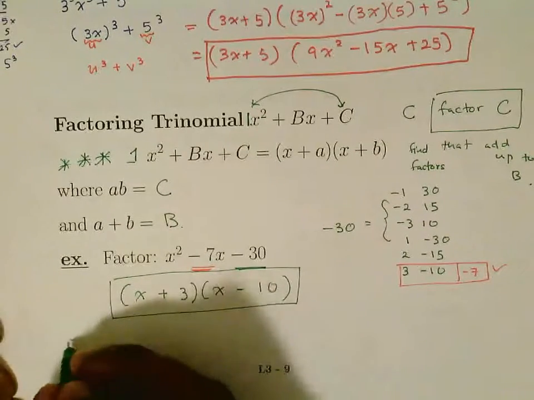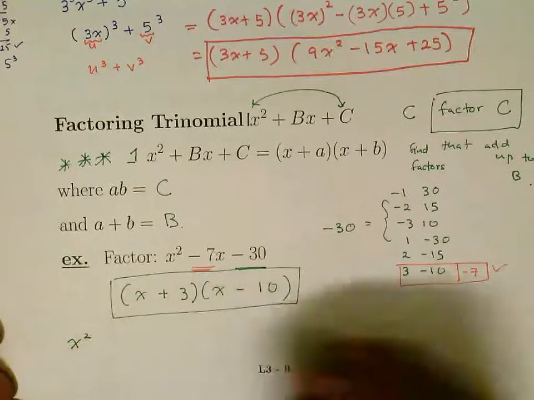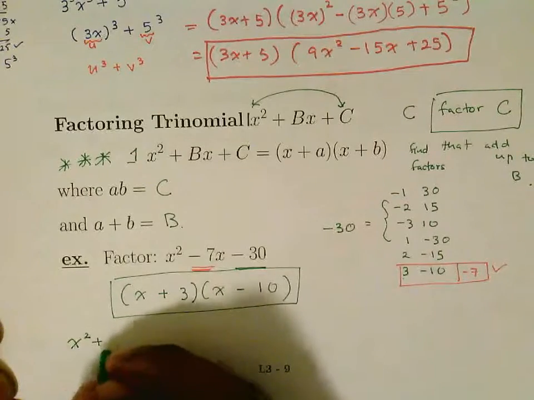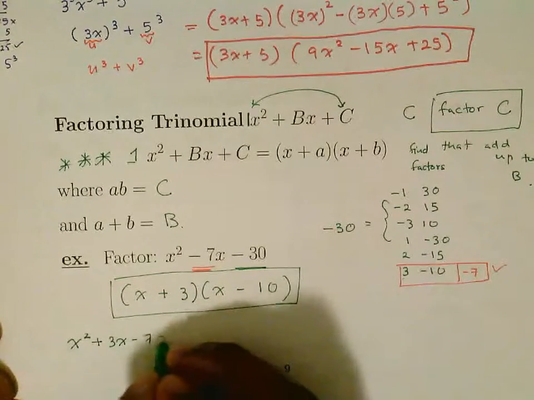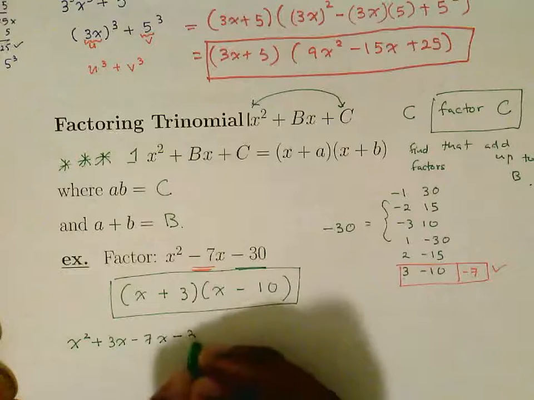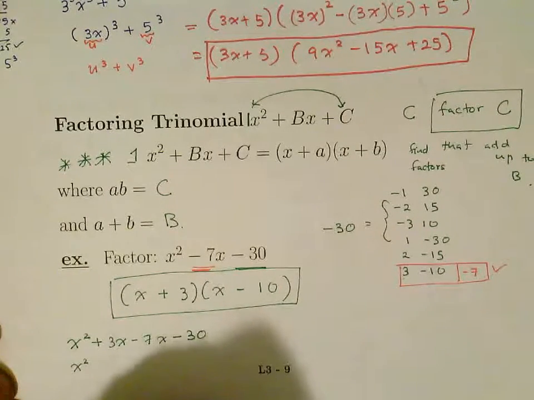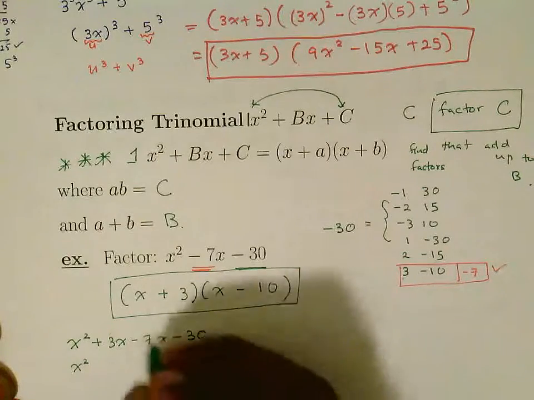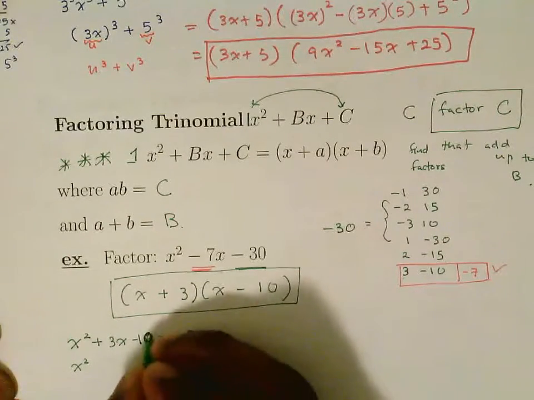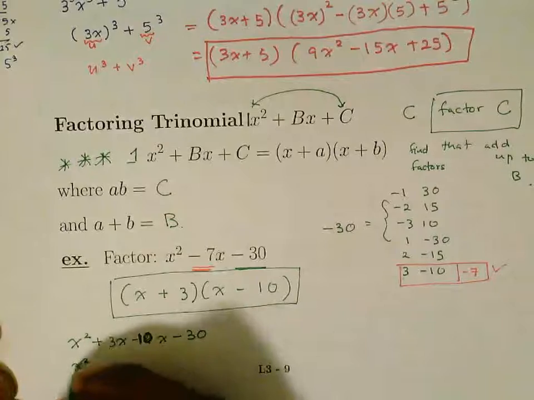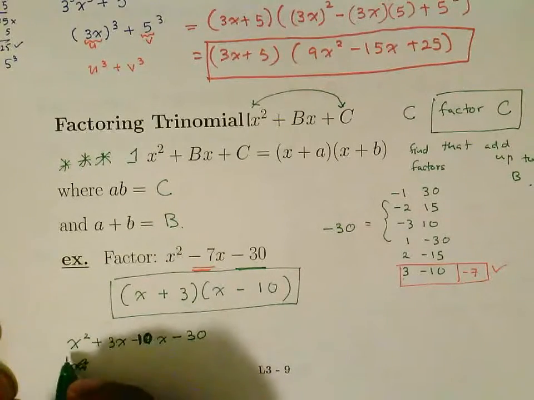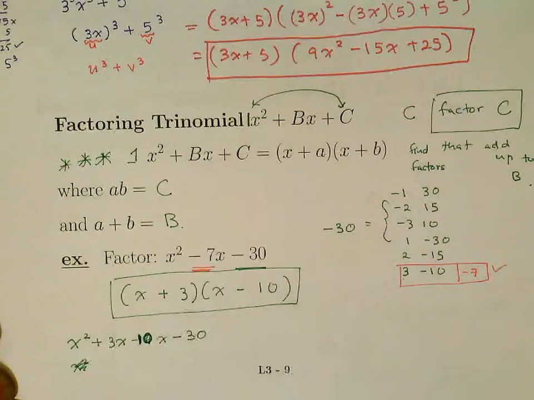So what you do is you would do x squared, you split it in the middle. So plus 3x minus 10x minus 30. Now you can see the first one has factors x.